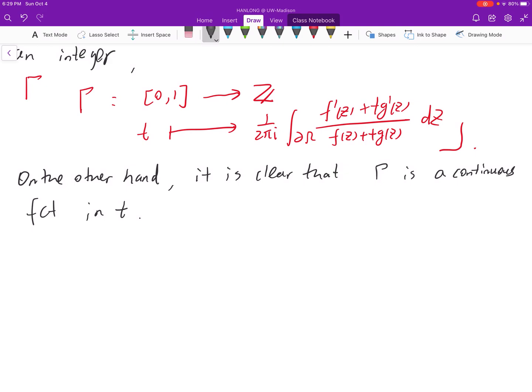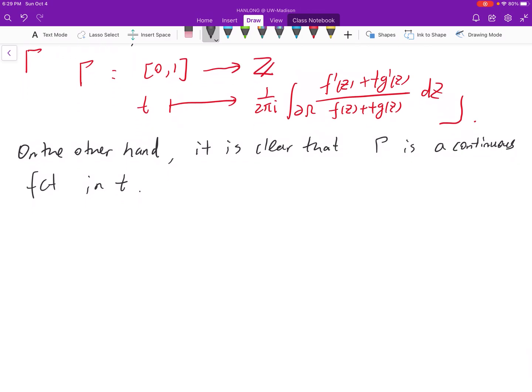The integrand is a continuous function of t, and by the assumption the integrand is always well defined, so the whole integral is a continuous function in t.